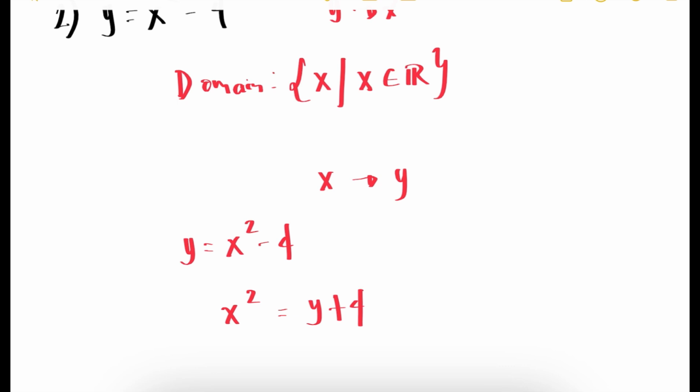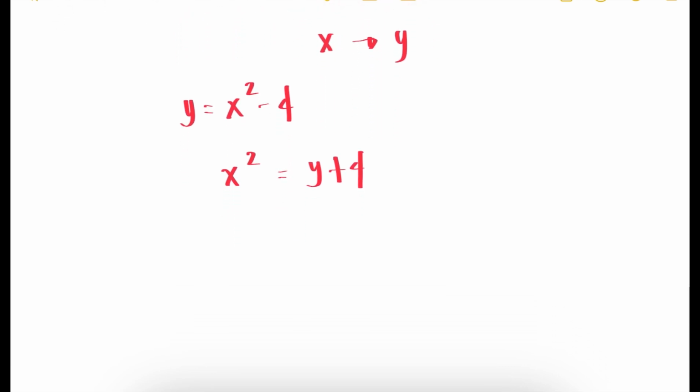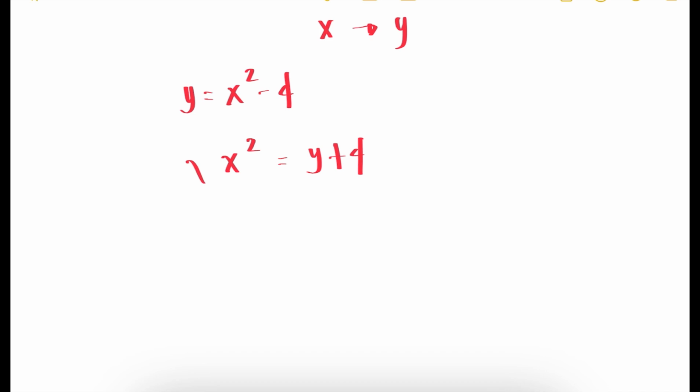Then, solve for x. We have, extract the square root both sides. We have x is equal now to the square root of y plus 4, this is positive, negative. For x to be real, the radicand y plus 4 must be greater than or equal to 0.